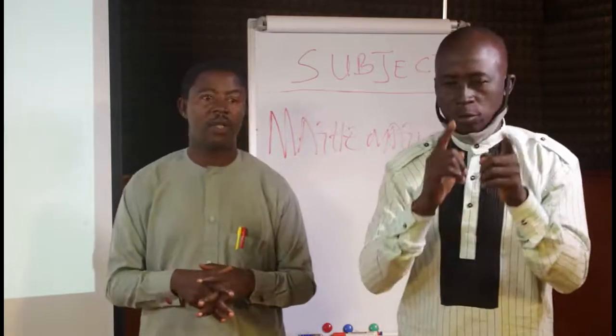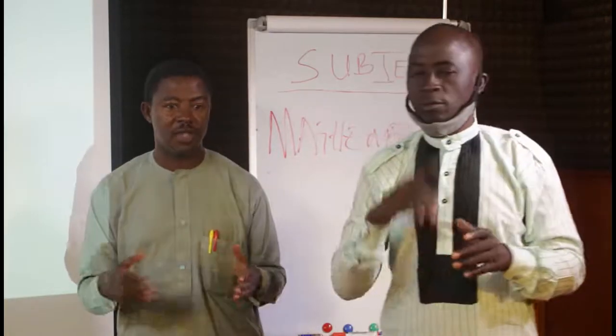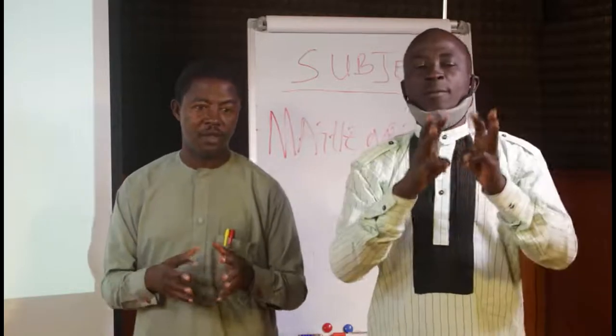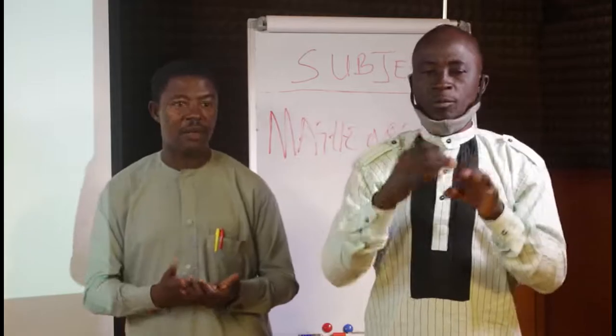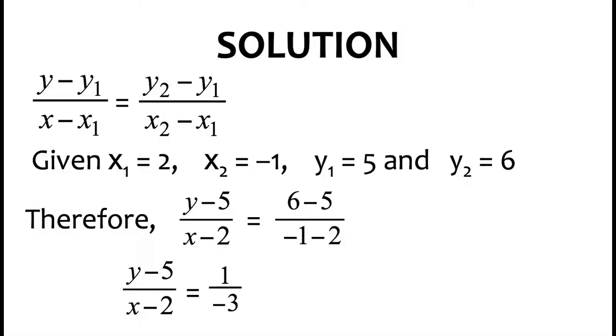Solution. Now the first thing, you state the formula because it is very important. So for an equation of a line passing through 2 points, the equation is given by y minus y1 all divided by x minus x1 equals to y2 minus y1 over x2 minus x1.